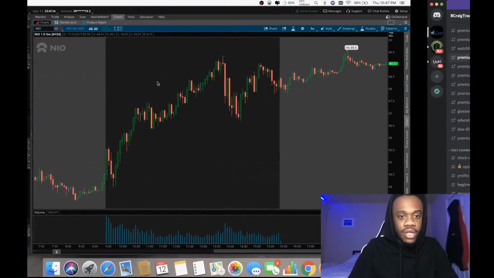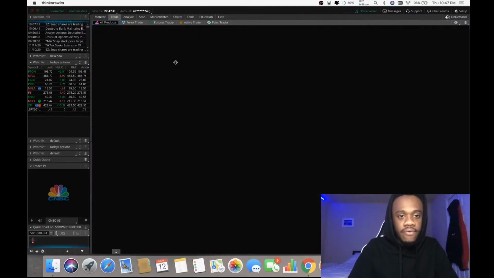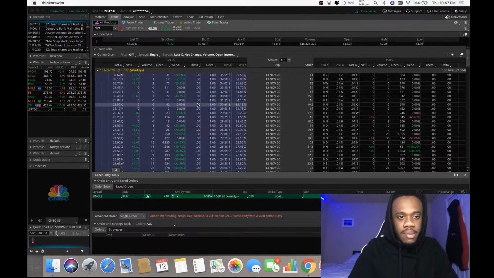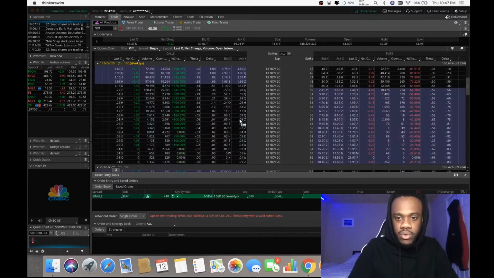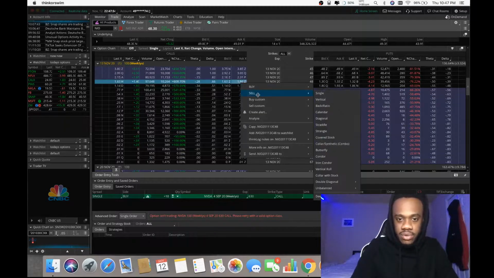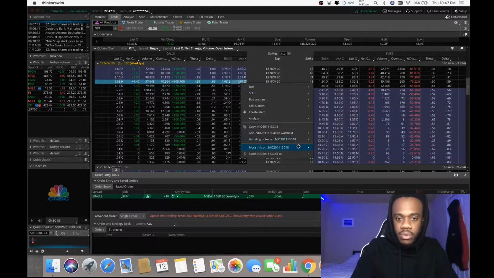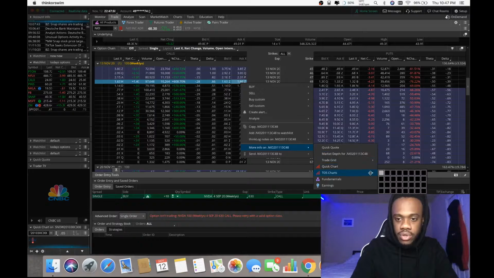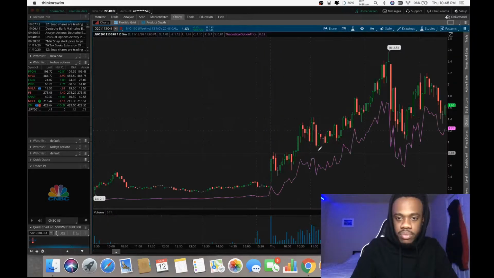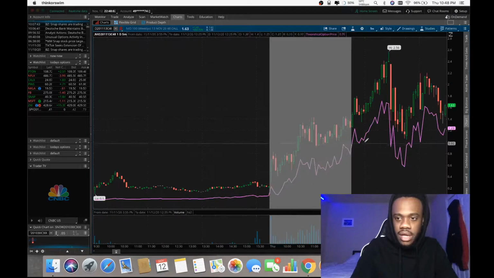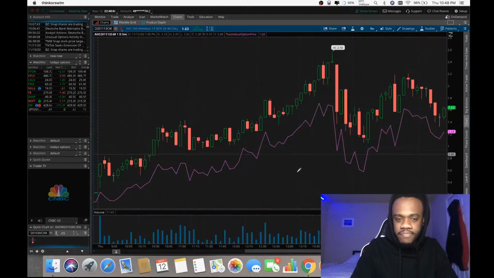This is the NIO 48 calls, 11/13. If we go to the options chain and go to the 48 calls, they closed at $1.66 right here. Now we go down here to the charts, and this will pull up the price of the option the whole day.